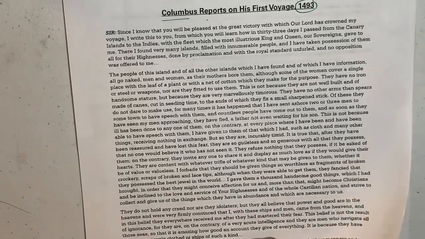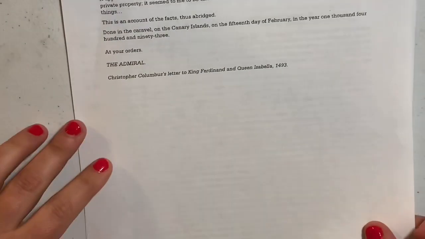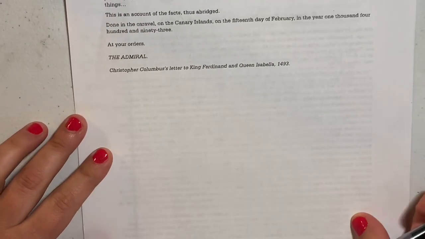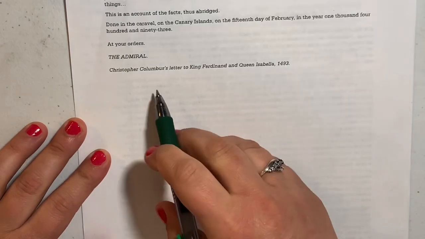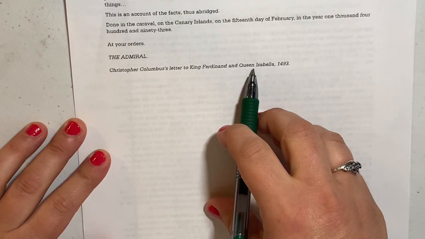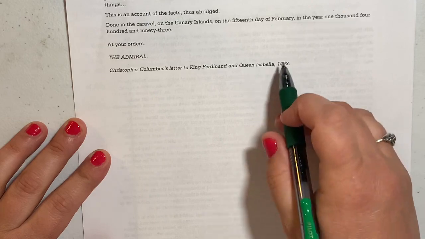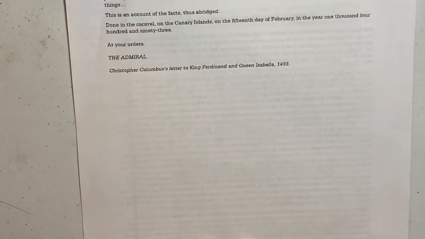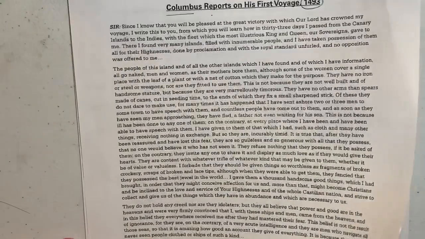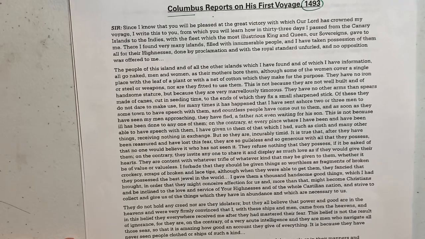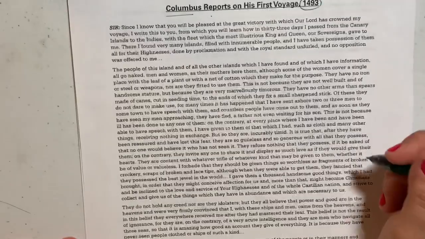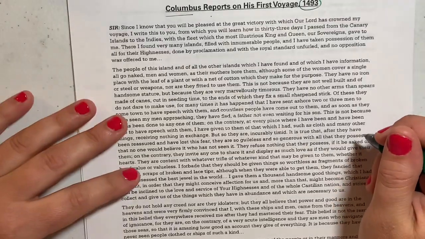If you look at the second page of this document, you can see that it says Christopher Columbus's letter to King Ferdinand and Queen Isabella in 1493. So this is a letter that Columbus wrote to the people who were paying for his voyage, and he's explaining what it is that he found.